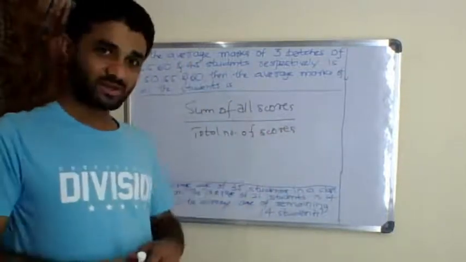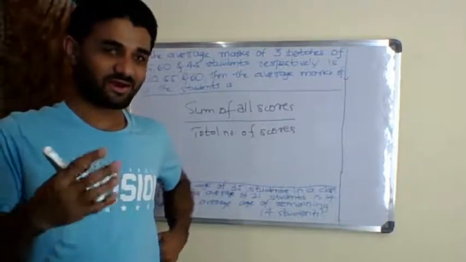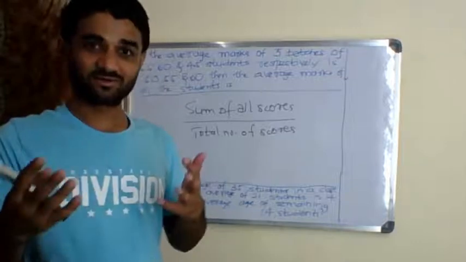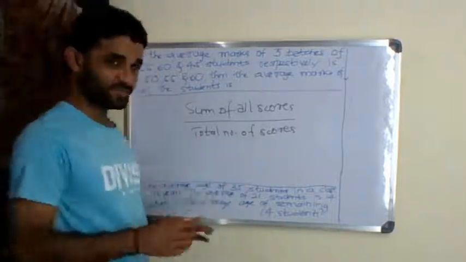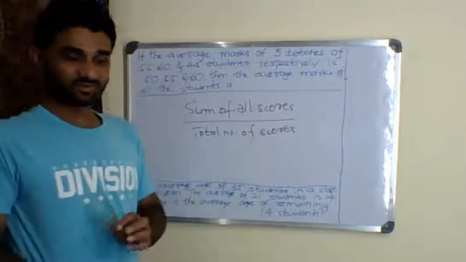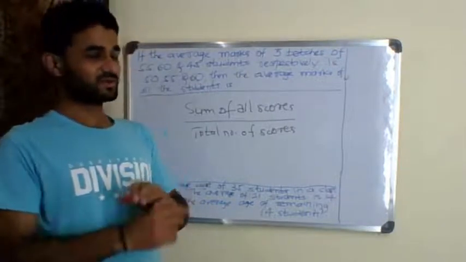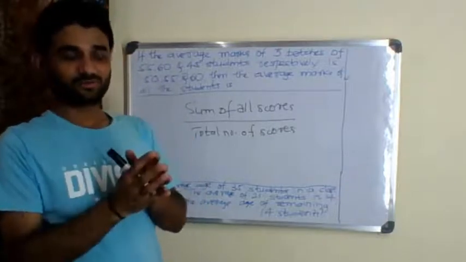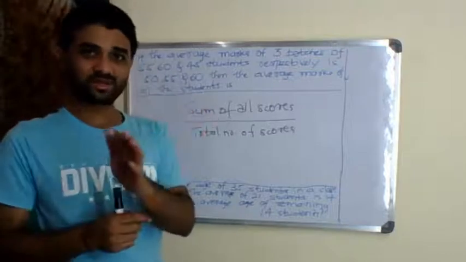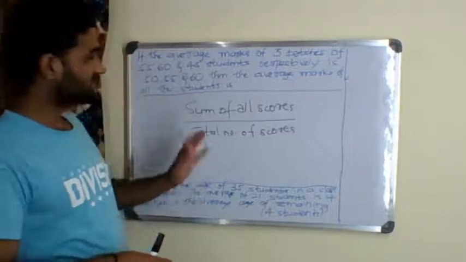Apart from this, I don't know about you, but I have not used, taught, or learned anything else. When you say average, you add all the scores in front of you and divide by the total number of scores in front of you. You will get the average.